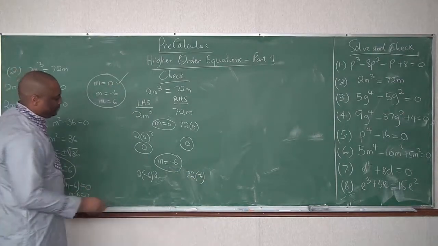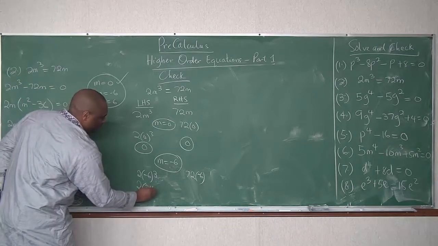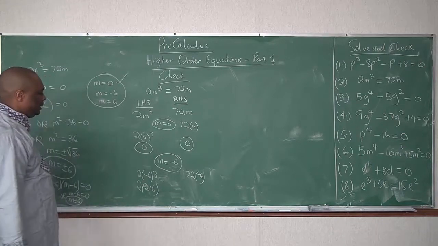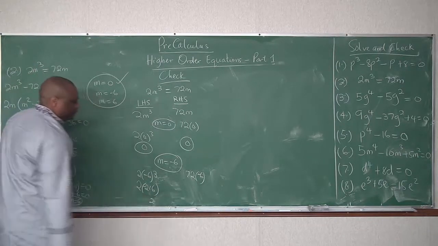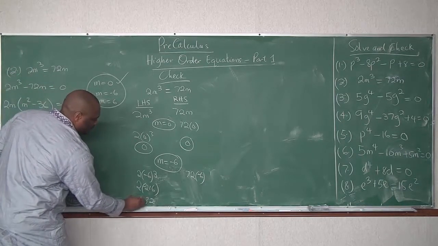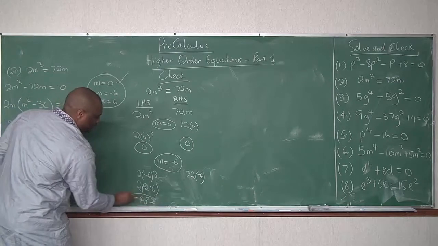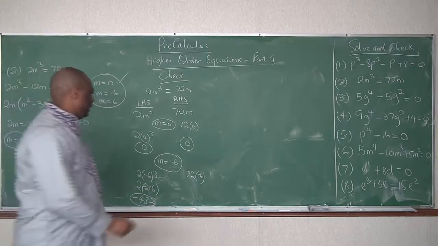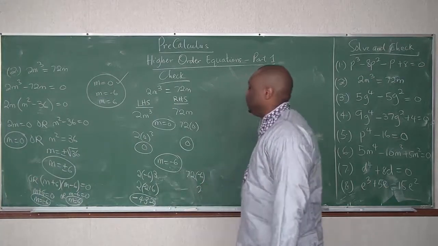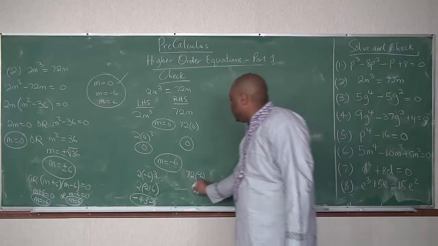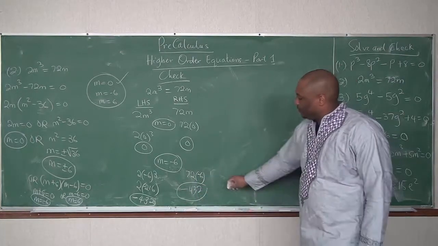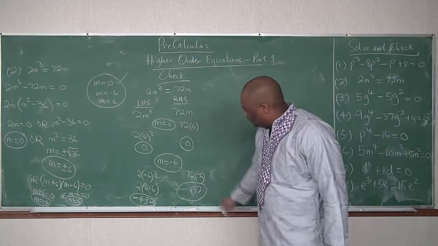Negative 6 all cubed is negative 216. 2 times 216 is 432, so negative 432. Then here, 72 times negative 6 is also negative 432. So it works for negative 6.